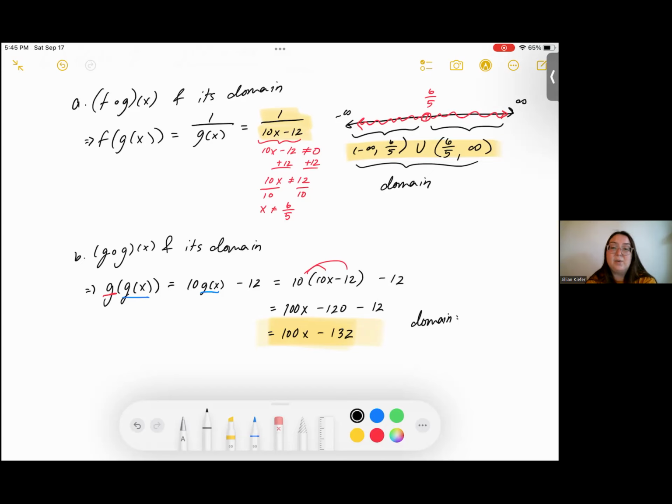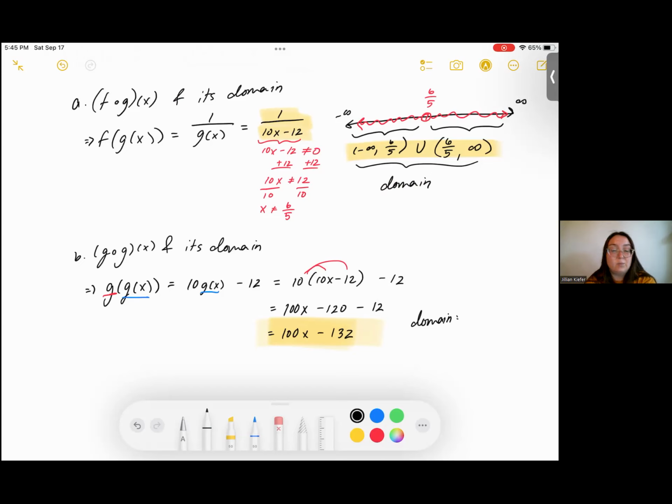Domain is inherently always negative infinity to infinity unless something changes it. So before in part A, we saw that our denominator couldn't equal 0, so the x value of 6/5 wasn't included in the domain from negative infinity to infinity. And from question 1, we had that square root. We said that whatever was underneath the square root had to be greater than or equal to 0. So we had that inequality, and we solved for that inequality to find domain.